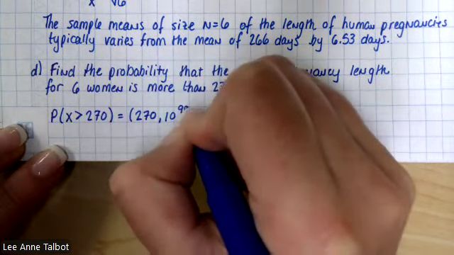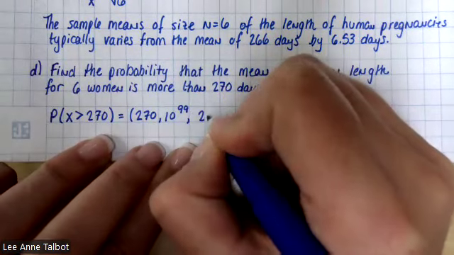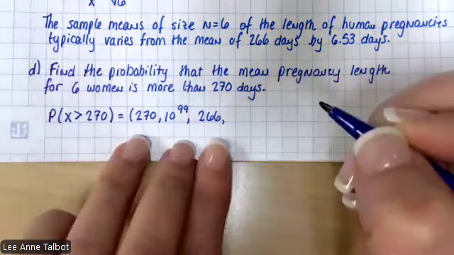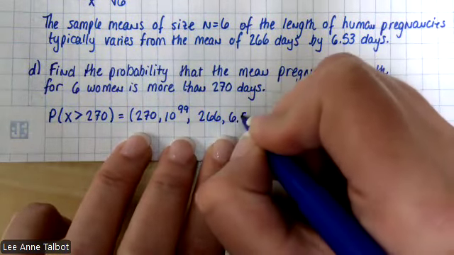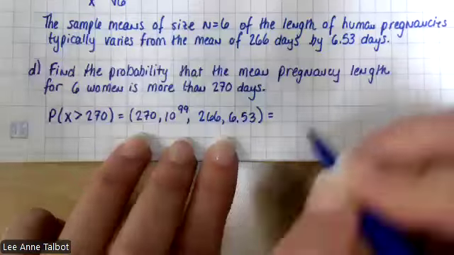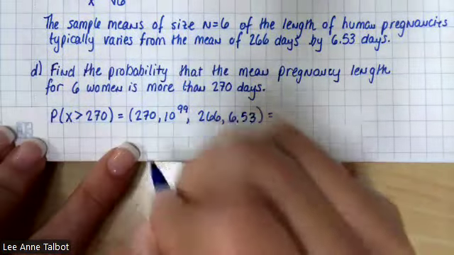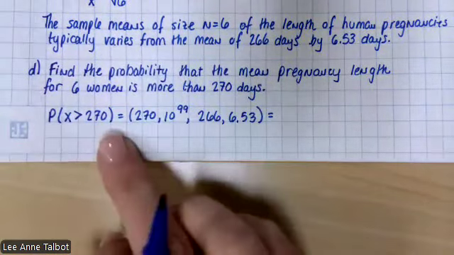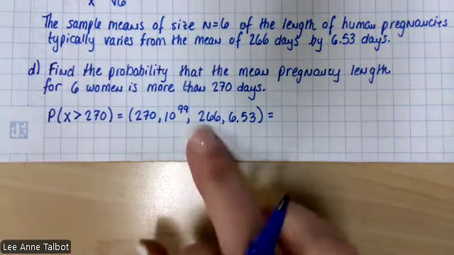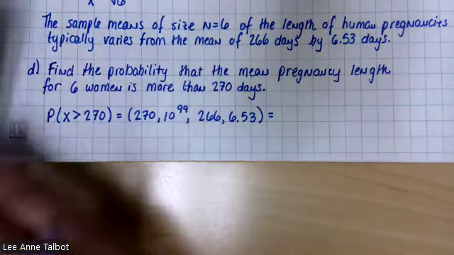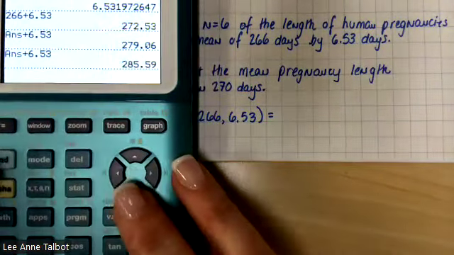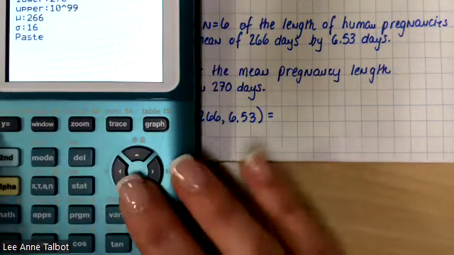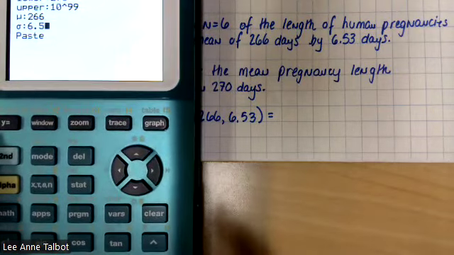First part's still the same. Mean is still the same, but it's much less spread out because it's 6 women. And I don't need to label anything on here because this part takes care of the first 2, and I already labeled the mean and standard deviation above. But what I can do is be extremely lazy and just change this to be 6.53.